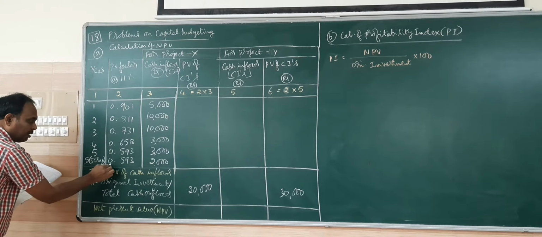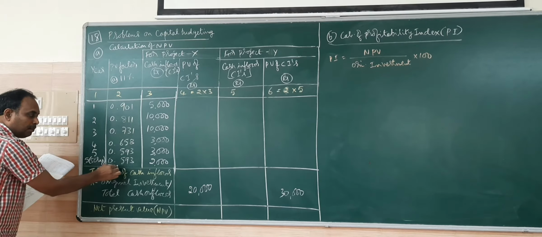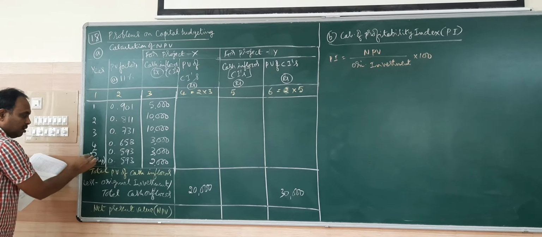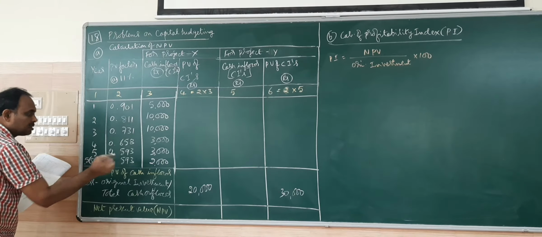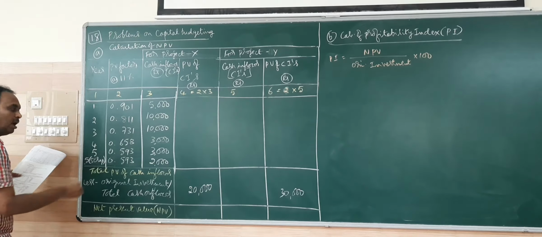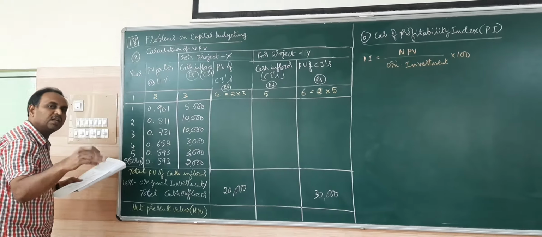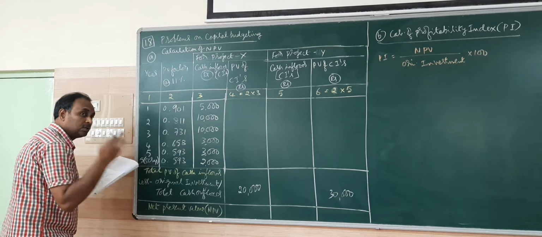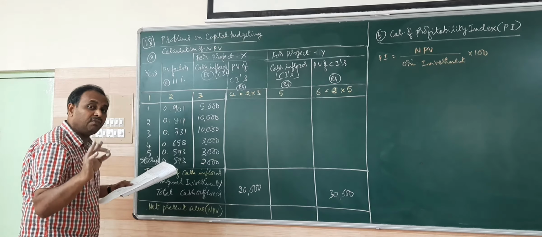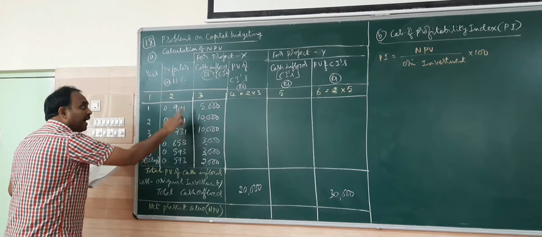I have repeated the same PV factor for 11% for 5 years, because at the end of 5 years the PV factor also remains the same. Some people add this 2,000 to 3,000 and make it 5,000. That is also fine, not to worry. But I have taken it separately so we can remember that the scrap value is to be taken and treated as a cash inflow.